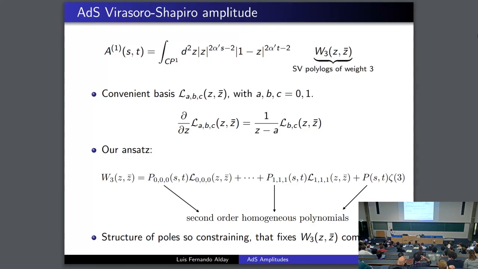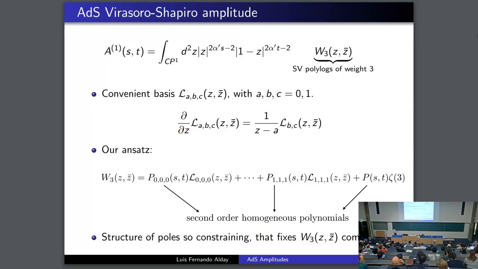Basically, one can put a basis of these single-valued polylogs of weight 3. There are only 8 of them. They are labeled by 3 numbers, A, B, and C, which can be either 0 or 1. For instance, this is log cube, and this is Li3.